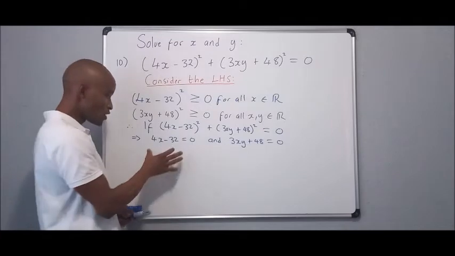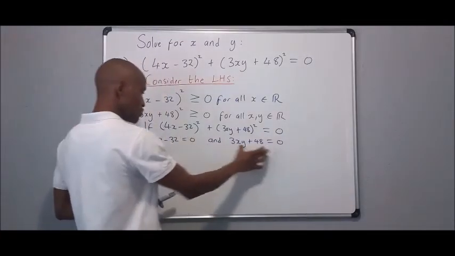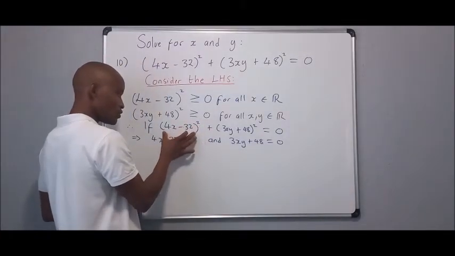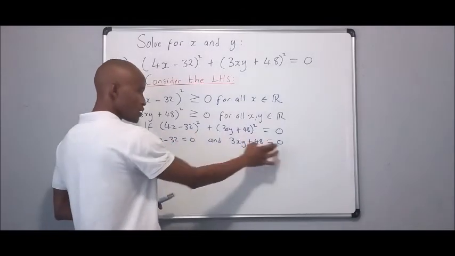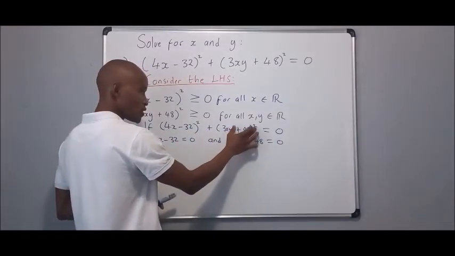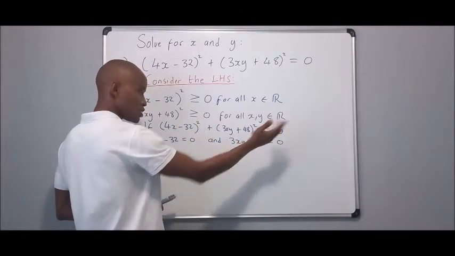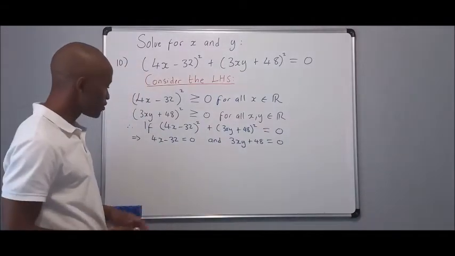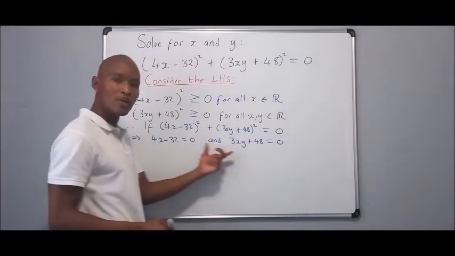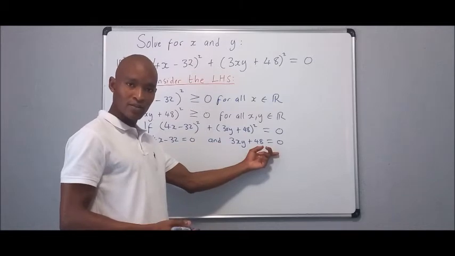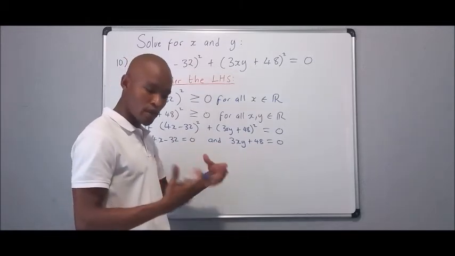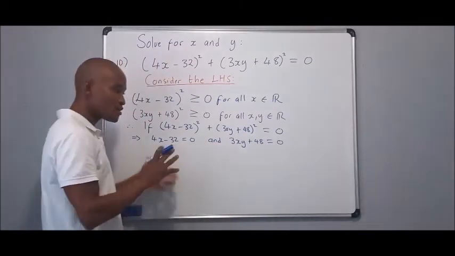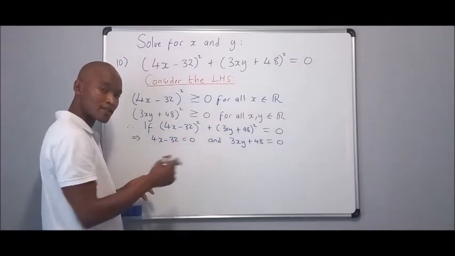Both of them must be 0, because when you take 0 there, you square 0, you get 0. You take 0 there, and then you square 0, you get 0, and 0 plus 0 is 0. Okay, so then we have produced two equations that will be the basis from which we're going to work simultaneously to solve for x and y.